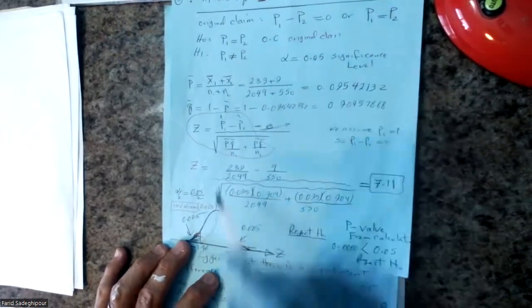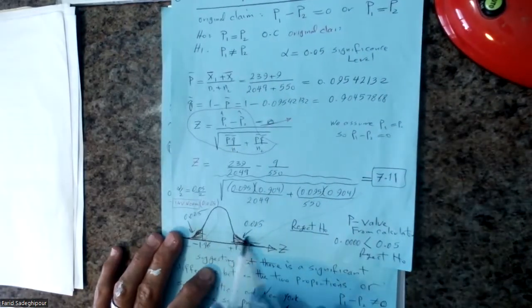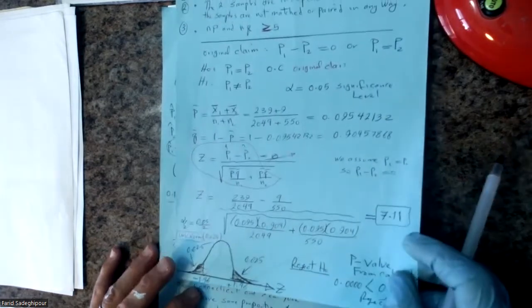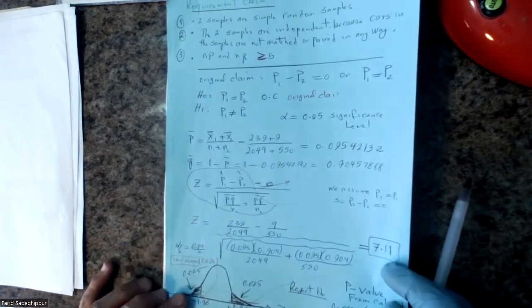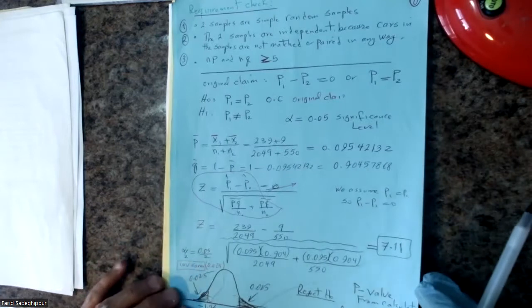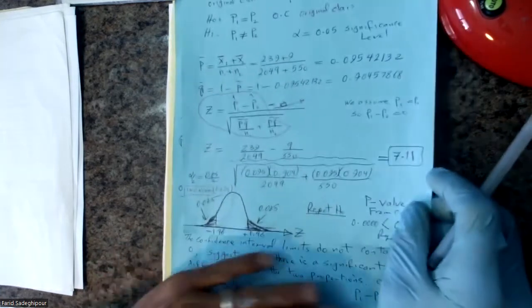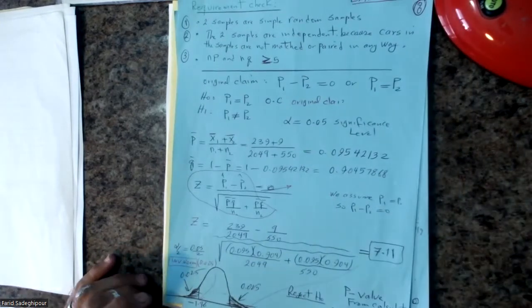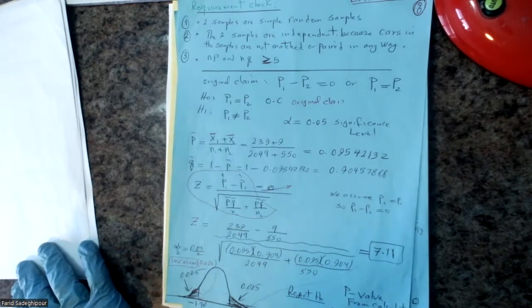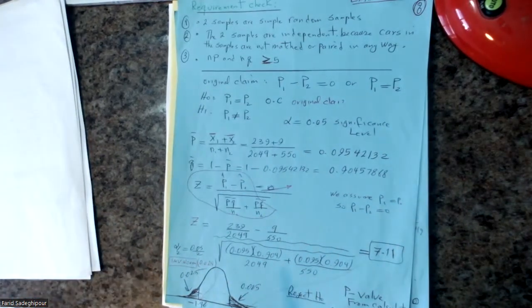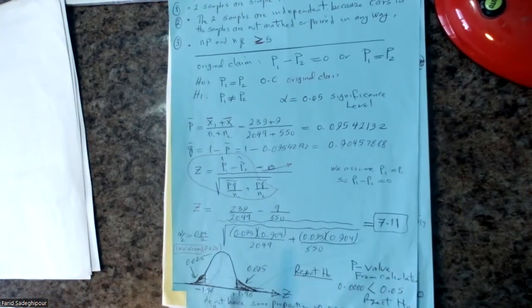If it's equal or not equal, it is always two tails. The area of two tails is 5%. In that case, the area in each tail, when you divide that by 2, is 0.025.